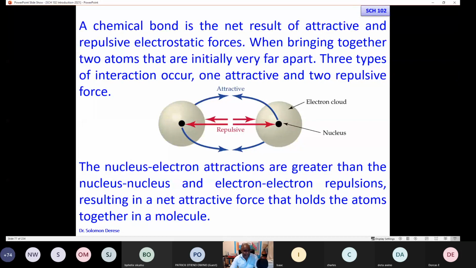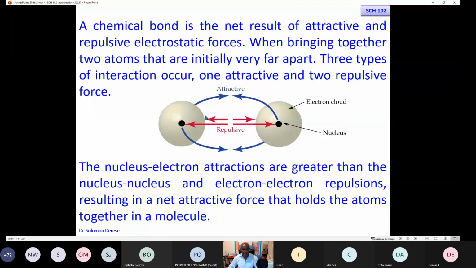It is as a result of this net attractive and repulsive force that we'll have a chemical bond forming between atoms, and these atoms are not going to collapse into each other because of the repulsive forces. At the end of the day, there will be a point where the balance between the attractive and the repulsive forces is maintained.